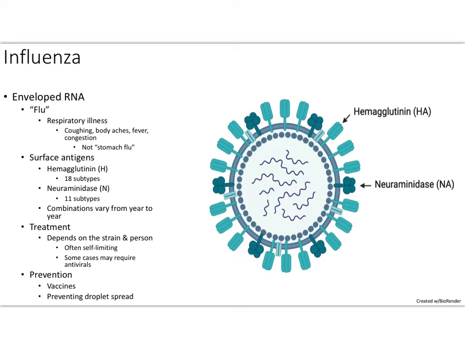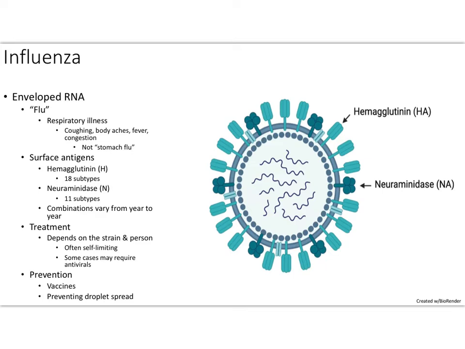So influenza is a virus, and most of the time when people catch this, they have what we call the flu. Now, it's important to understand that the flu is a respiratory illness. Most of the time, symptoms include things like coughing, body aches, fever, congestion, and actually rarely do they ever include something like nausea and vomiting.